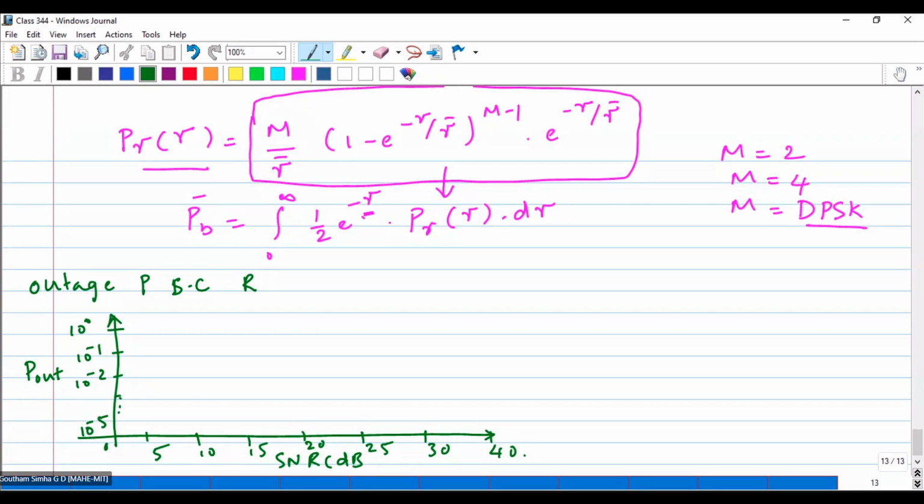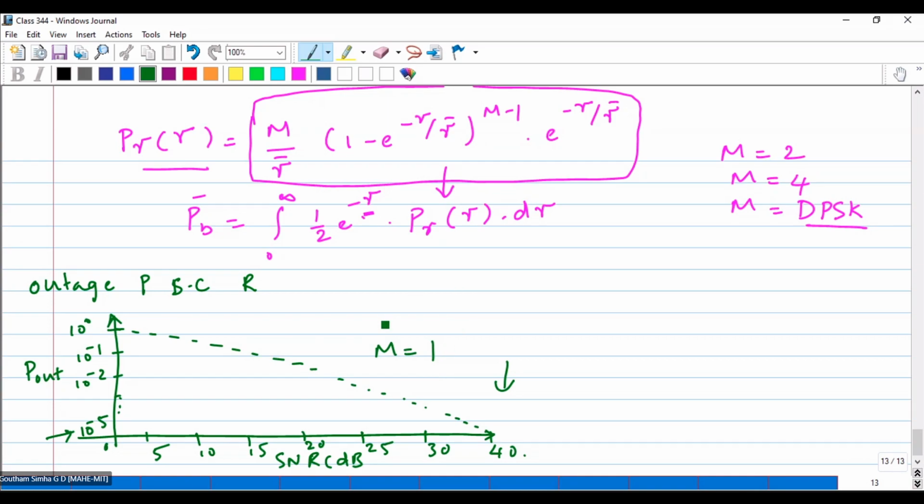Now, here, outage probability for selection combining without any diversity will be somewhere like this. In order to reach an outage of 10 to the power of minus 5, I need SNR of 40 dB. This is with m equal to 1.